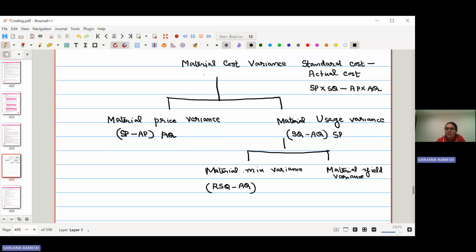Again, this is the subdivision of the material usage variance, so we can multiply that with the standard price itself. And then material yield variance is due to the usage variances.